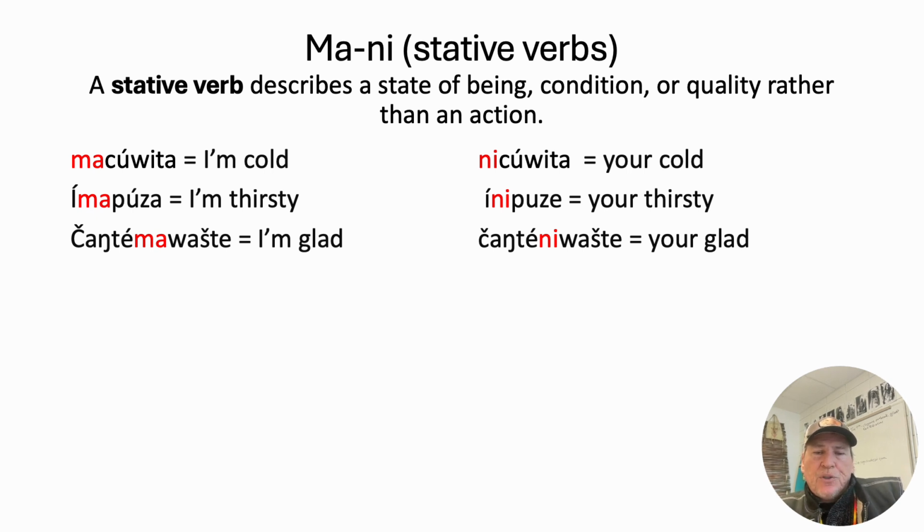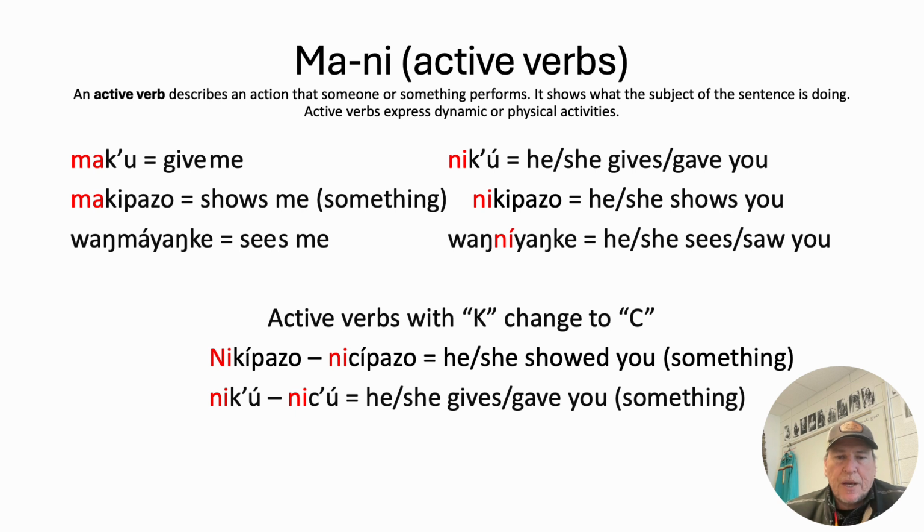Imapuze, I'm thirsty, becomes inipuze, you are thirsty. Chante mawashte, I'm glad, I'm happy. Chante niwashte, you are glad or you are happy. Okay, so we're following that same conjugation rule. When it's ma for me or I, it's ni for you.